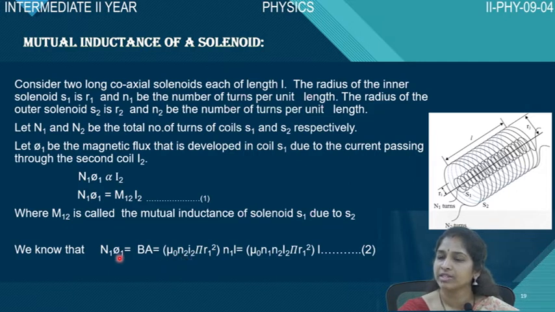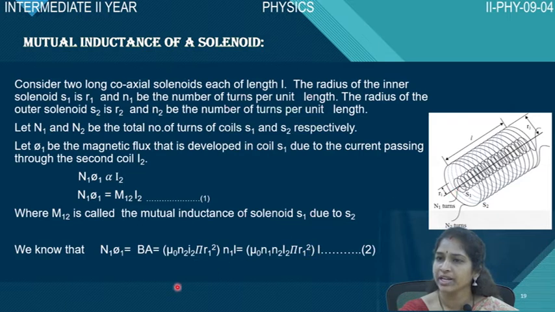Because flux is generated due to the current passing through the second solenoid. That is why the magnetic field is mu naught n2 I2. Area is pi r square.